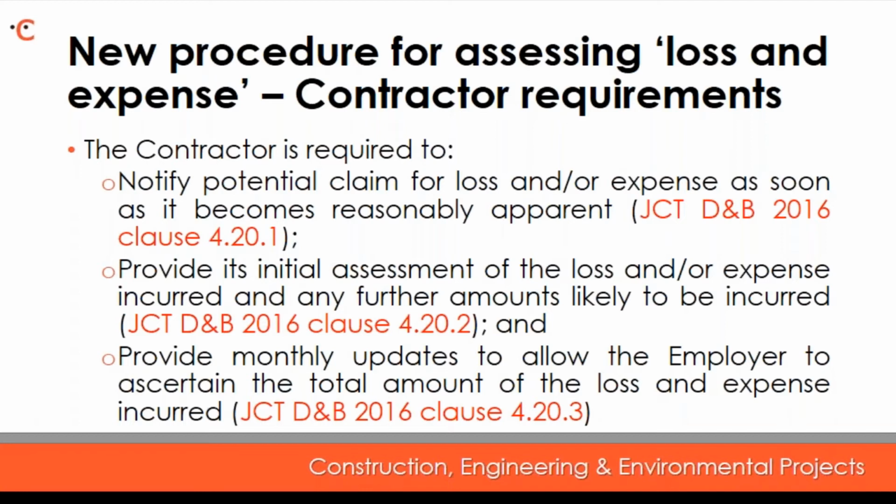So, under the 2016 edition, the contractor is required to notify the employer of its potential claim for loss and/or expense as soon as the claim becomes reasonably apparent, provide at the same time or as soon as reasonably practicable its initial assessment of the loss and/or expense incurred, and also any further amounts likely to be incurred, together with such information as is reasonably necessary to enable the employer to ascertain the loss and/or expense, and also provide monthly updates to the employer until all information that is reasonably necessary to allow the employer to finally ascertain the total amount of the loss and/or expense incurred by the contractor has been supplied.